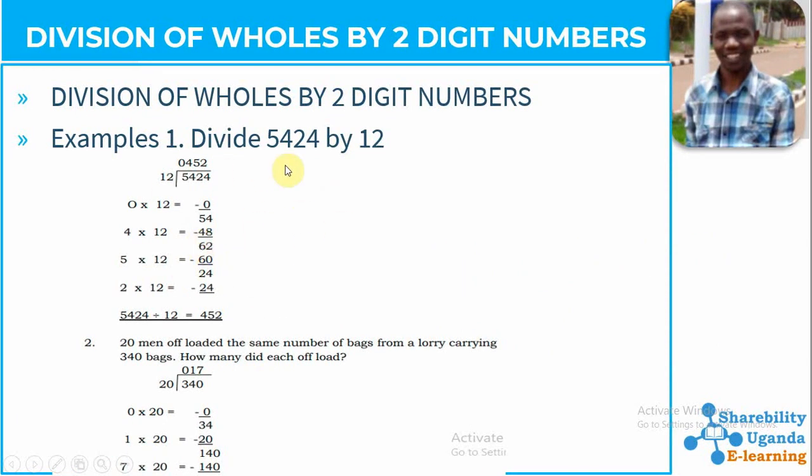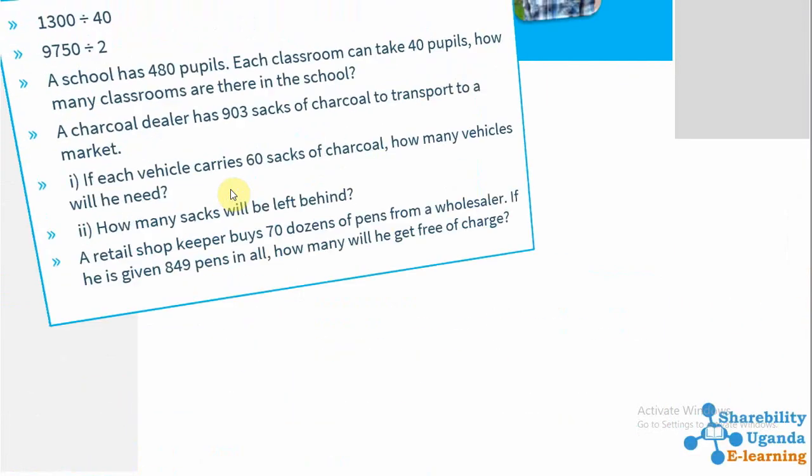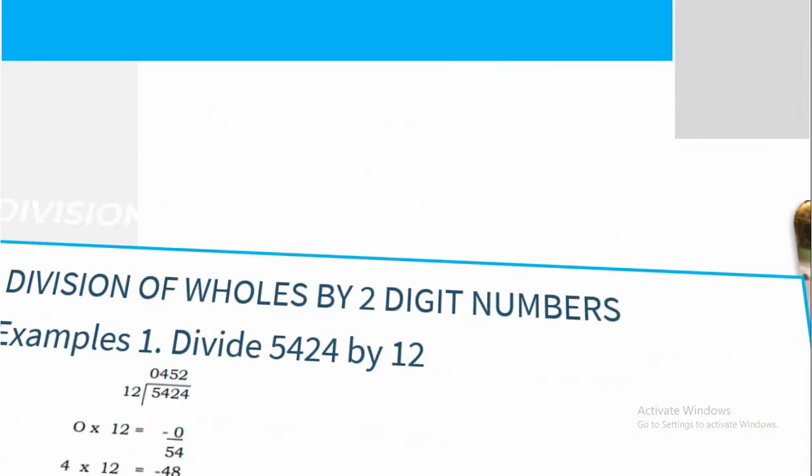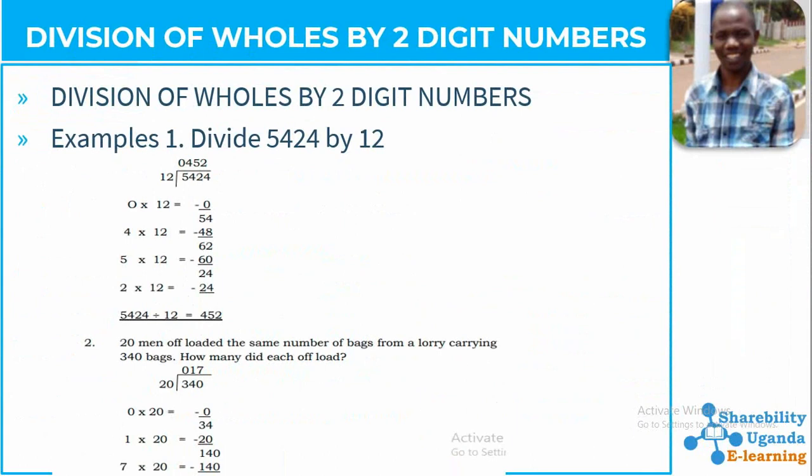Okay, so in division we shall be looking at division of whole numbers by 2 digit numbers. We are only going to be looking at division by only 2 digit numbers. So this is how they do set it. As you can see, we have this number which is given. This is our example 1.